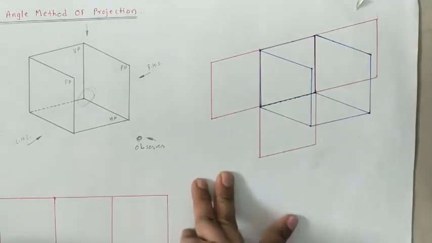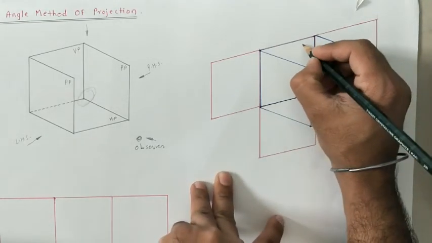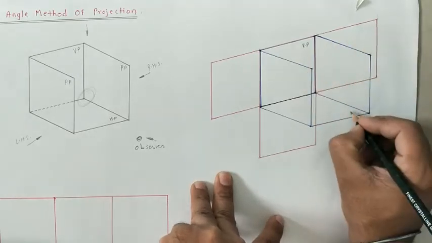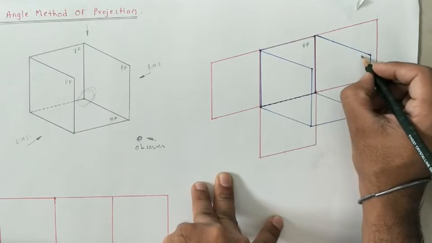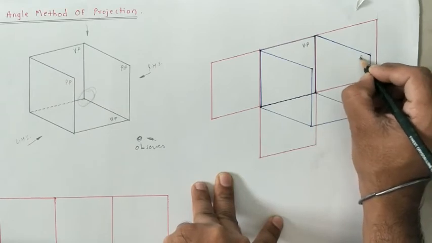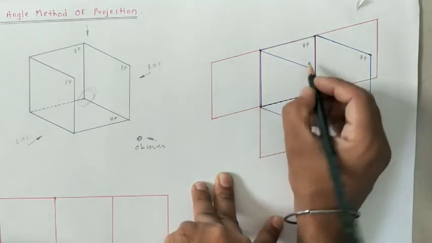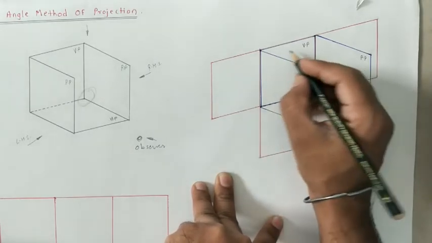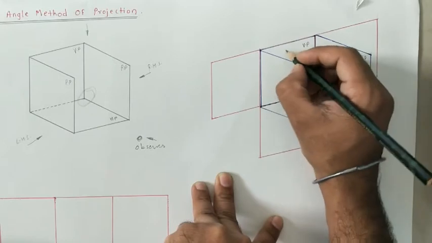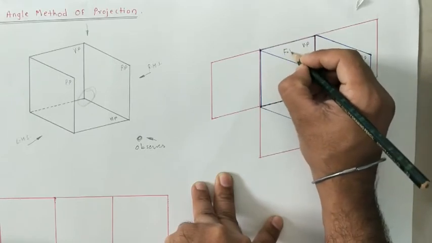I will show you once again: this is the vertical plane, this is the horizontal plane. This blue one, focus on those planes. This is the profile plane, and this next blue one is again the profile plane. The view which comes here is the front view. Which view comes onto this vertical plane? It's the front view.